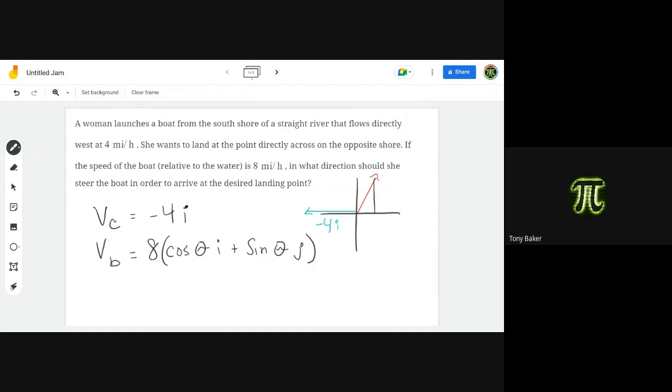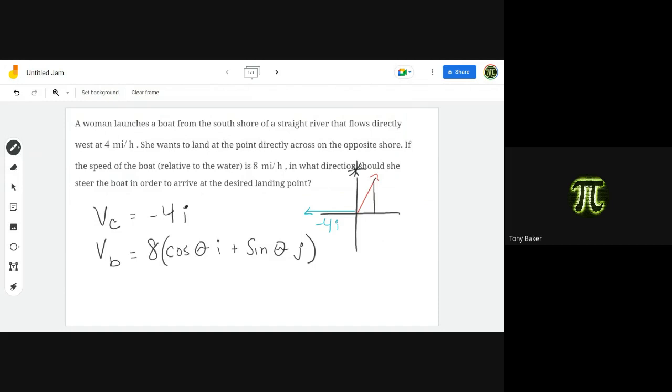All right. So where does she want to go? She wants to land somewhere up here, right? Due north, correct? So basically I don't know my j, because I don't know how far across the water she needs to go, correct?